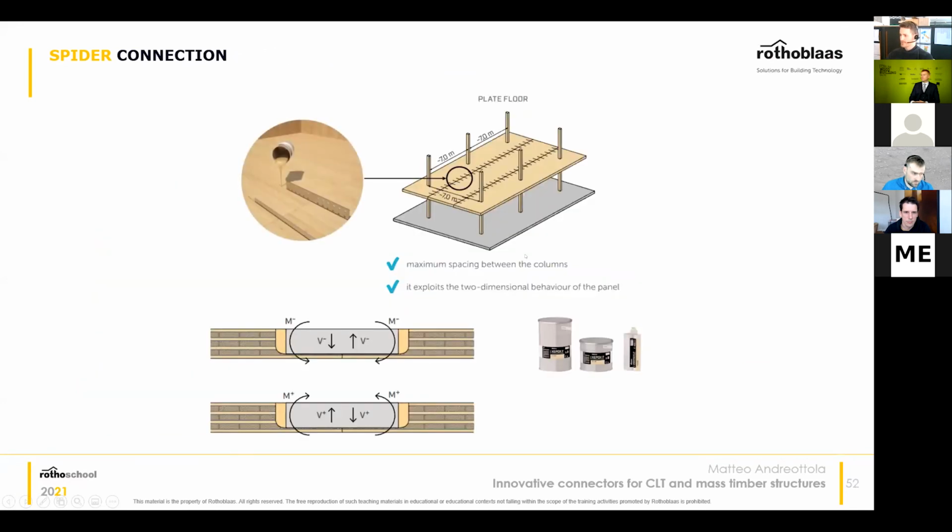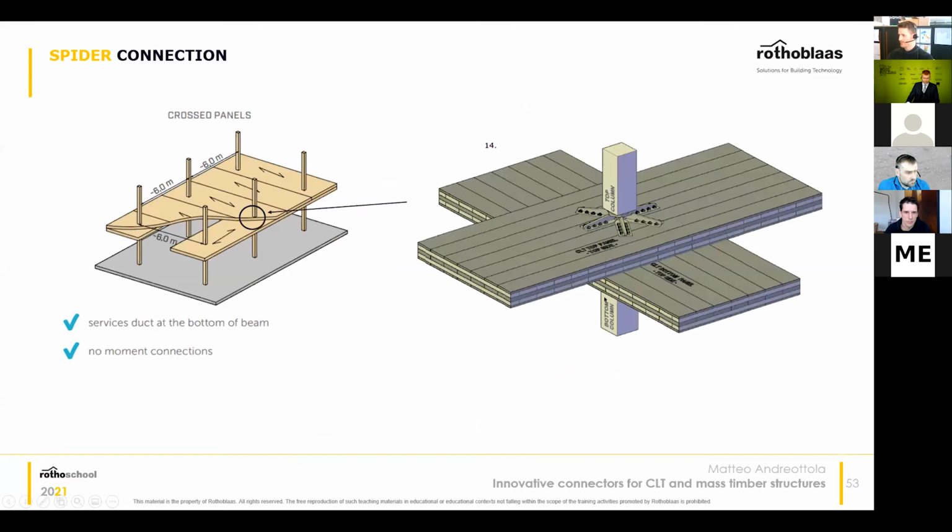It's a very easy installation, and this is another interesting feature, because if you want to achieve a continuous slab, of course, you cannot bring it to the site as a single piece. So you need to cut it in pieces, and you can recreate the continuity by adding these plates with the epoxy resin.